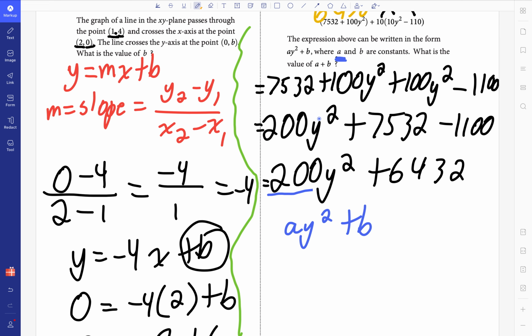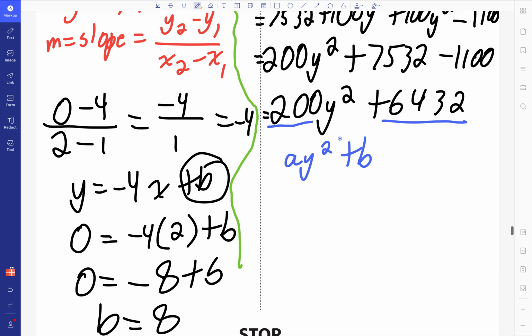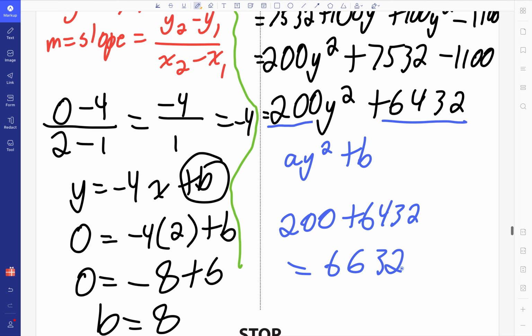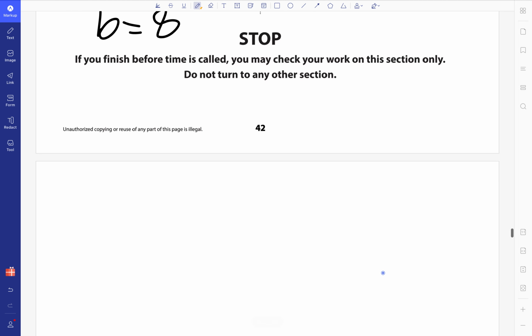Here's my a, it's the 200, and the b is just this 6432. So what is the value of a plus b? This is just going to be my 200 plus my 6432, which is just going to equal 6,632.